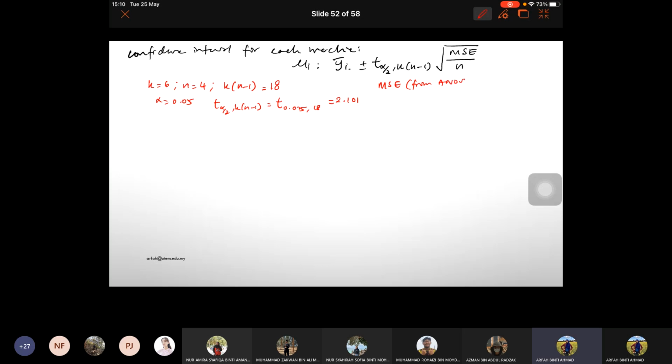So MSE berapa? From ANOVA table. 3.48. Betul. So MSE sama dengan 3.48. Then y i dot, berapa nilai dia?